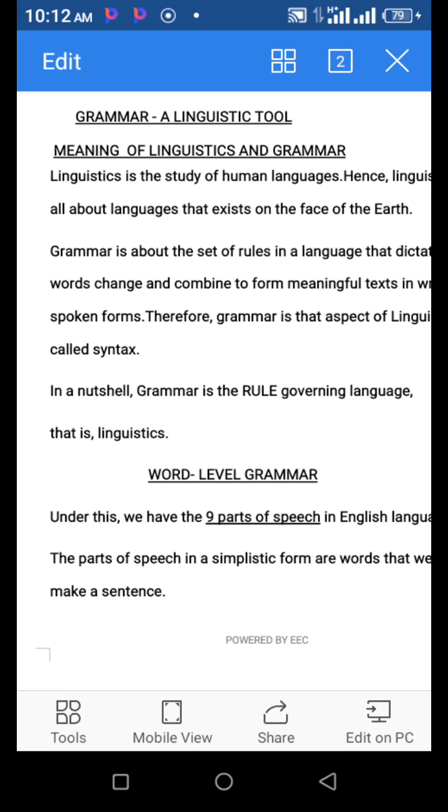Adjectives. What are adjectives? Adjectives tell us more about a noun. E.g., if I want to qualify a girl, she is a girl. She is a beautiful girl. Beautiful there is the adjective. Now, moving on, we have conjunctions. Conjunctions are words that we use to join 2 parts of sentences.